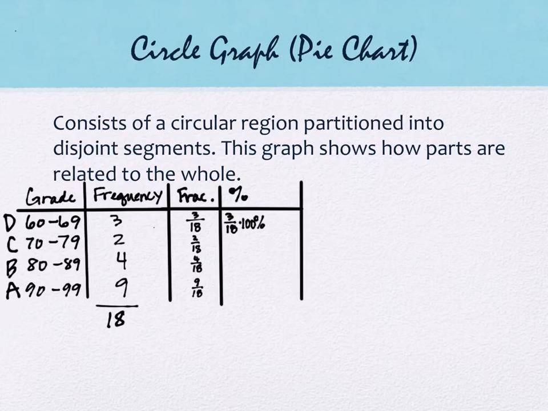So what is 3 out of 18 times 100? And we'll use whole percentages because it's accurate enough, really. Okay? So grab your calculator. 3 divided by 18 times 100. What do you get?